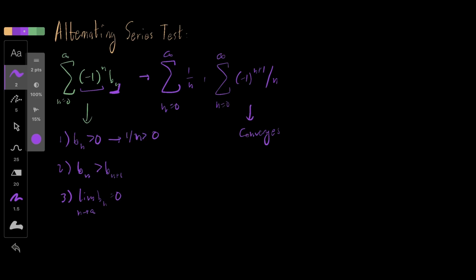Next, every term is less than the last, so 1 by 2 is greater than 1 by 3, which is greater than 1 by 4, and so on. And 1 by infinity, which is the limit, is 0. So, all of these conditions are met, so the alternating harmonic series converges, but the regular one doesn't.